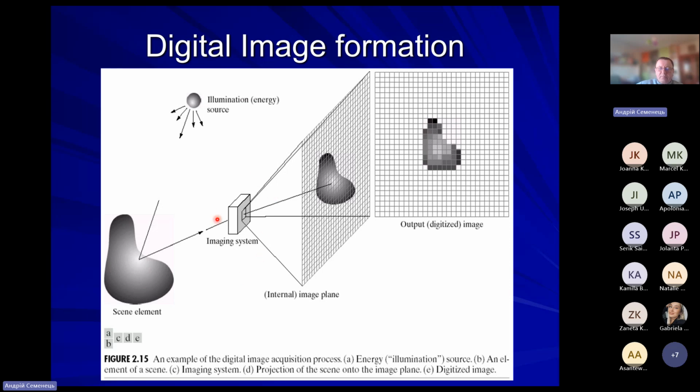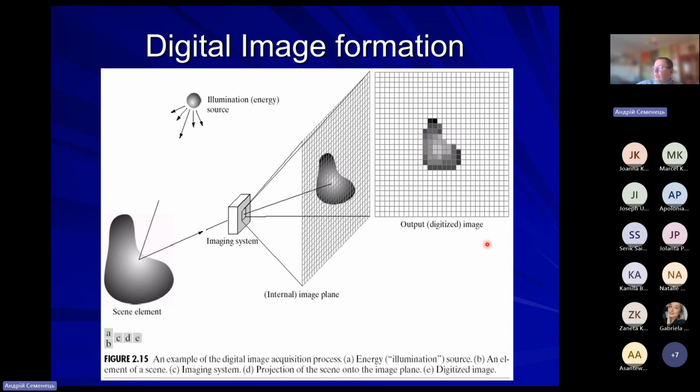Then some imaging system, some system of lenses or deviation coils, distributes the rays over the entire sensor array.